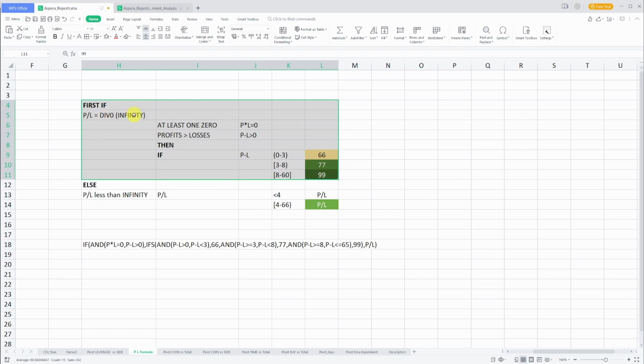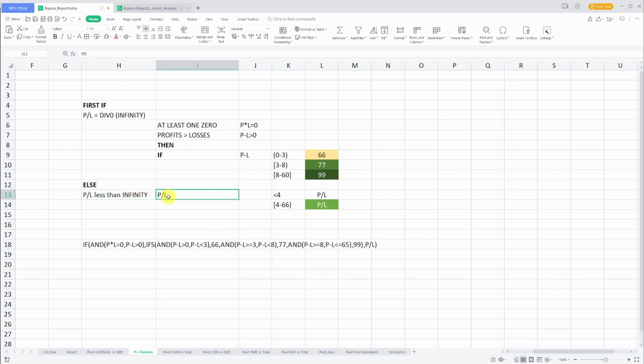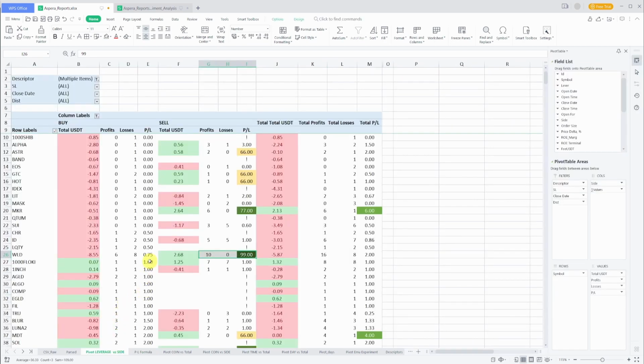Now, what if it's not a division by 0 error? Then we go and we actually calculate. We divide profits by losses, and here is our target profit-to-loss ratio of 4. So if the result is less than 4, which includes 0, then we just put a resulting profit-to-loss ratio in white, such as here.